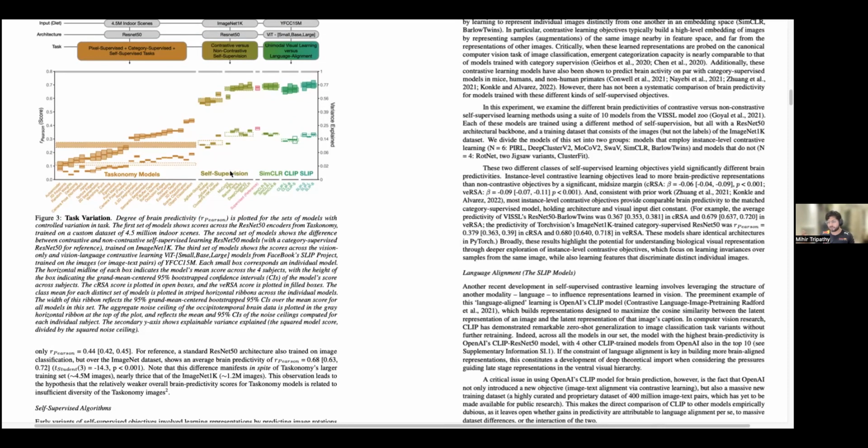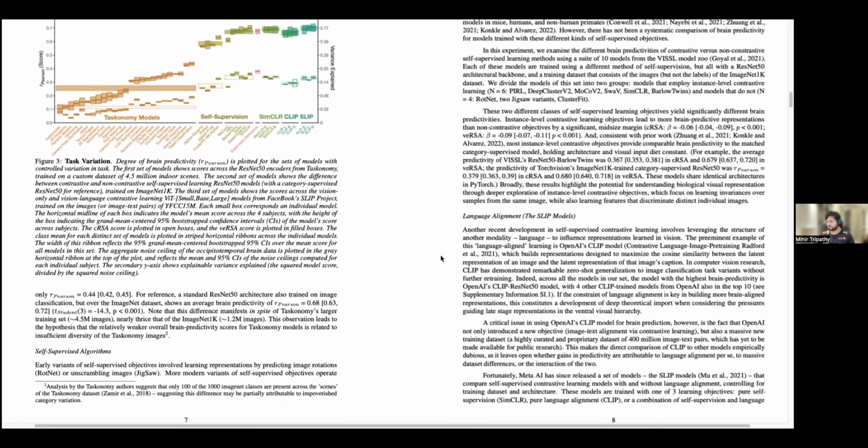But OpenAI's CLIP performs the best, and the authors claim that's not because CLIP is language aligned. It's because the CLIP was trained on a data set which was not released to the public.